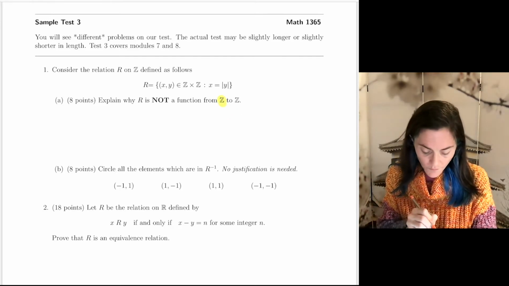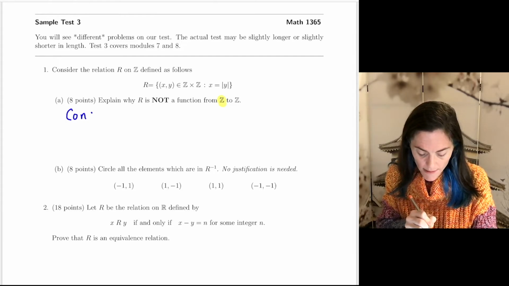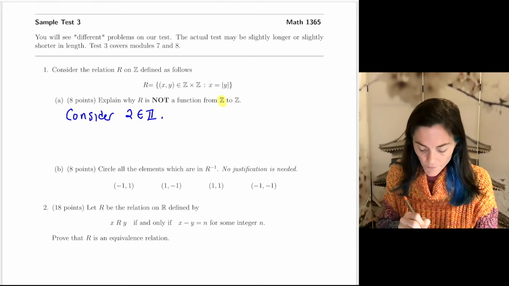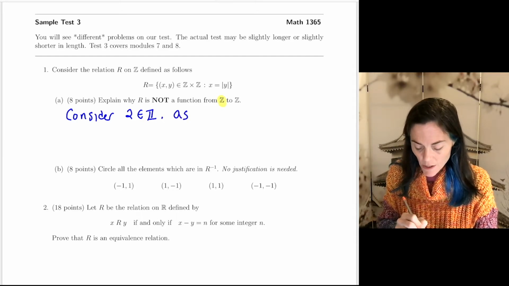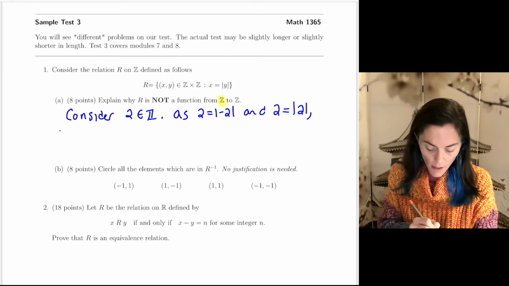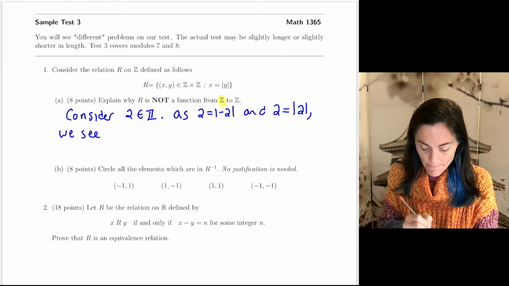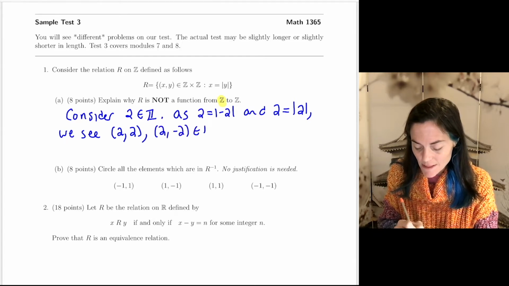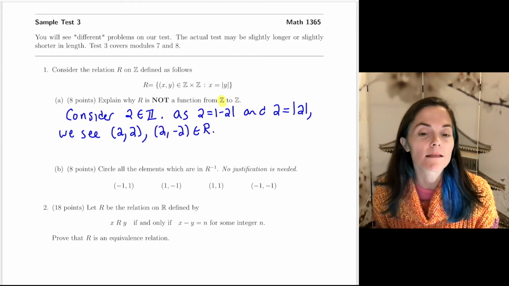So let's just consider 2, which is certainly an element of Z. As 2 is the absolute value of -2, and 2 is the absolute value of 2, we see that (2, 2) and (2, -2) are both elements in R. And this is the issue, right?